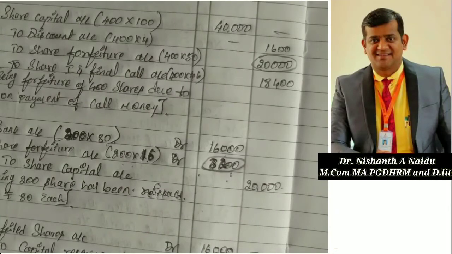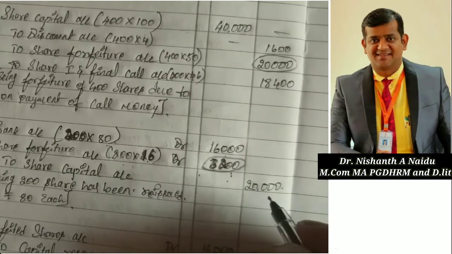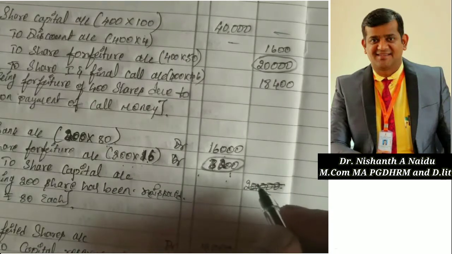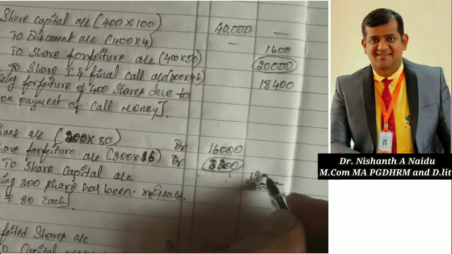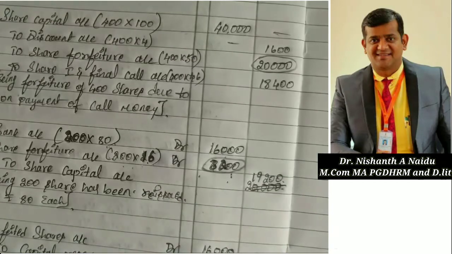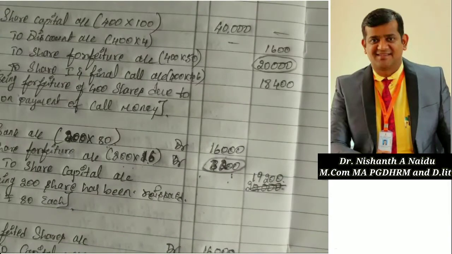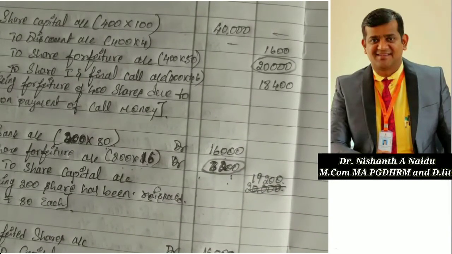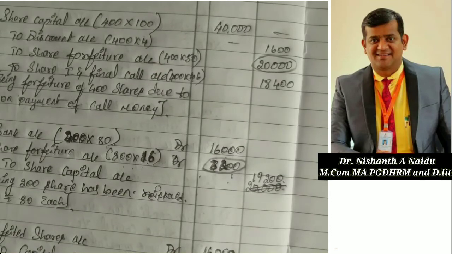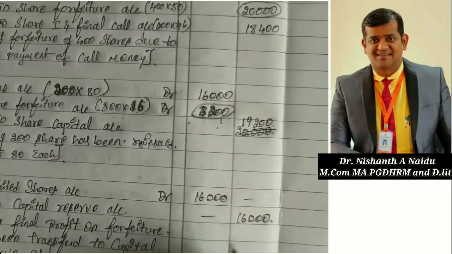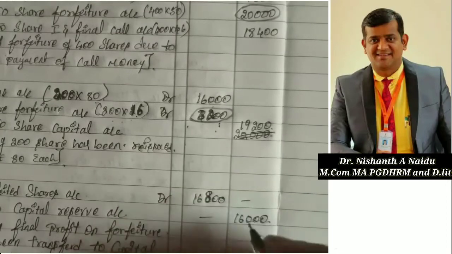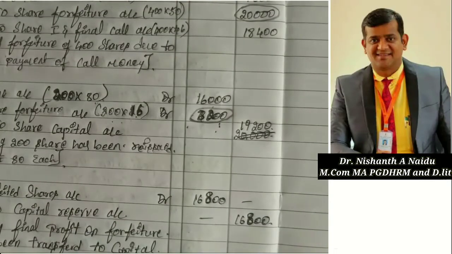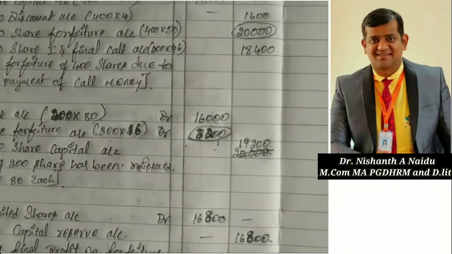So then the total will be 19,200. Now deduct 20,000 minus 3,200. So how much are you going to get? 16,800 rupees for capital reserve. You have understood, right?